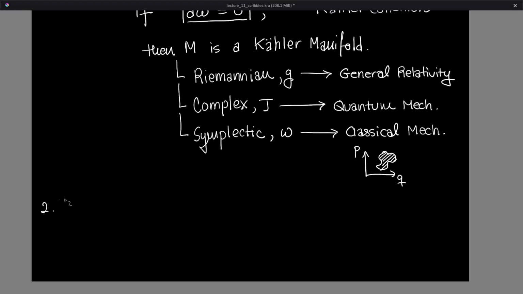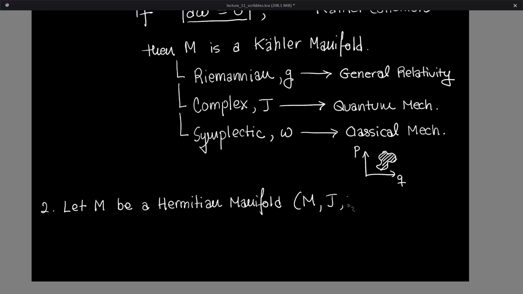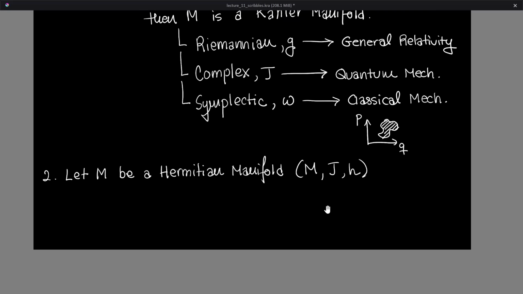So definition number 2 of a Kähler manifold is, we again start with a Hermitian manifold. So let M be a Hermitian manifold, M, J, H. And so because of its Riemannian metric, it has a Levi-Civita connection, which I'm going to call nabla LC.